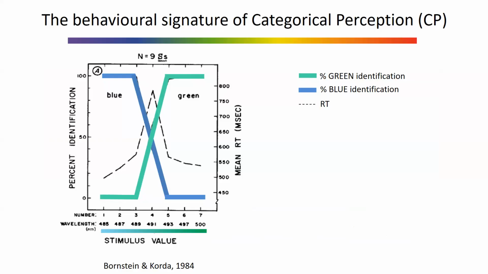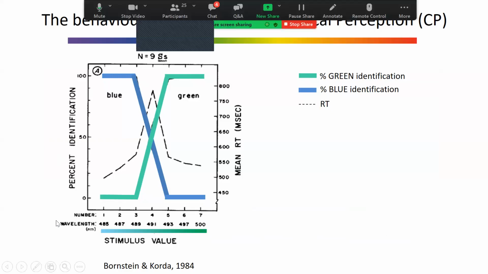measure? Here I'm showing a graph from one of the seminal studies by Bornstein and Korda. And you can see here that they manipulate stimulus using wavelengths in 2 nanometer steps from about 485 to about 500 nanometers. And they have 7 color samples.